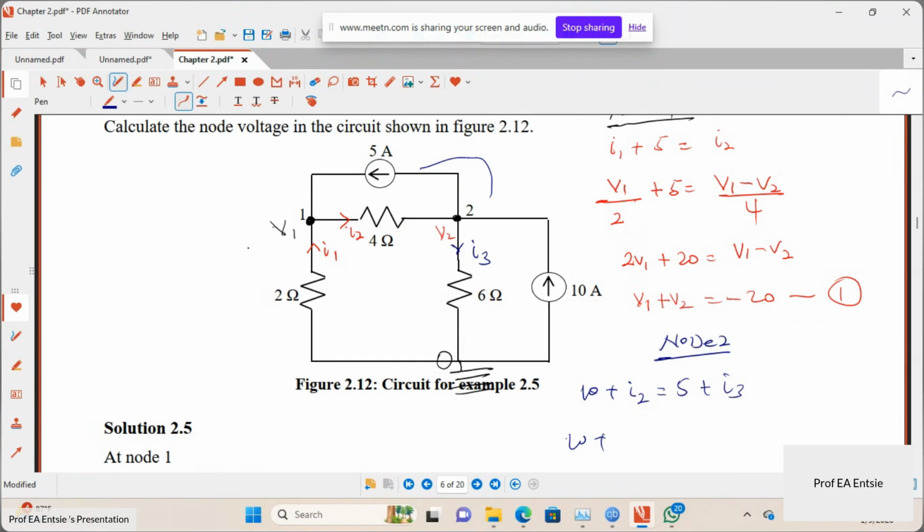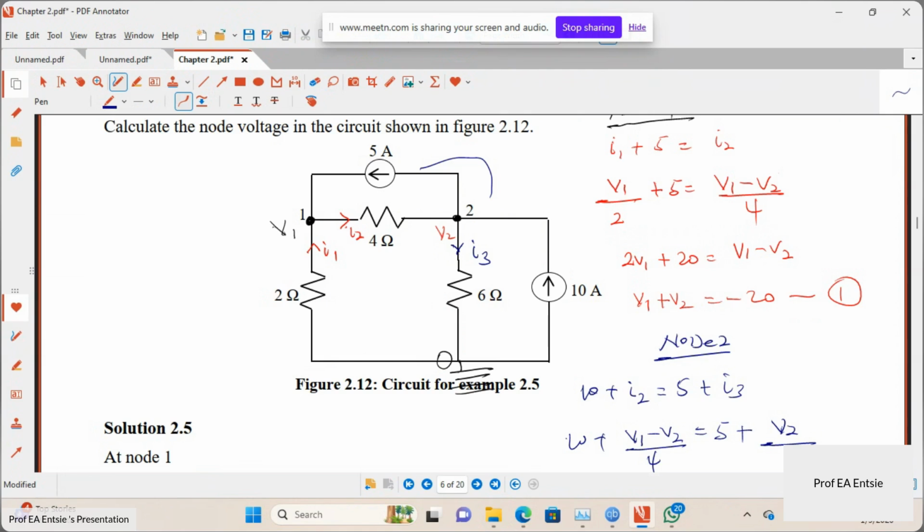I2 is flowing from node 1 to node 2, so it will be V1 minus V2 over the resistance in that branch, which is 4. This is coming from Ohm's law: current is equal to voltage over resistance. It equals 5 plus I3. I3 is through this branch, so it will be the voltage there minus the reference node voltage, which is V2 minus 0, the same as V2, over the resistance in the branch, which is 6.